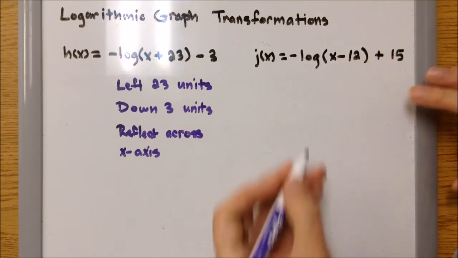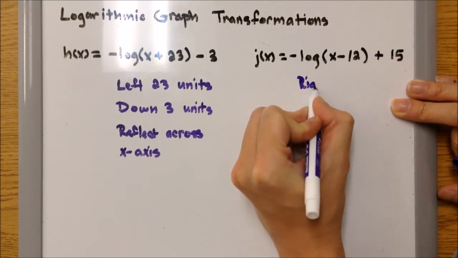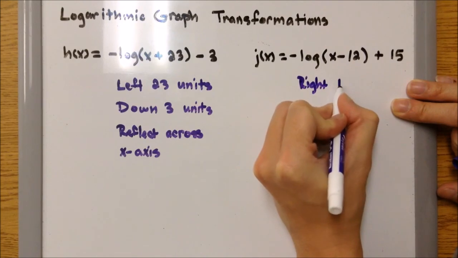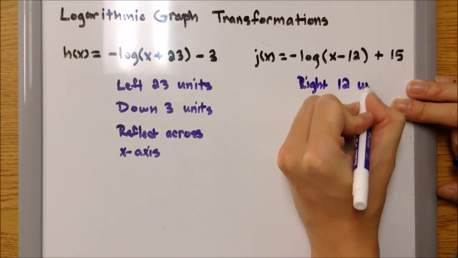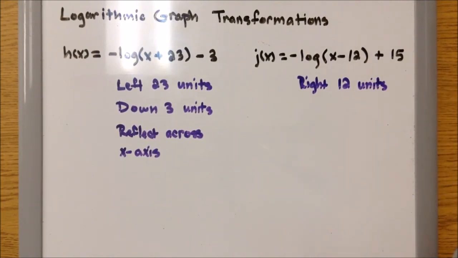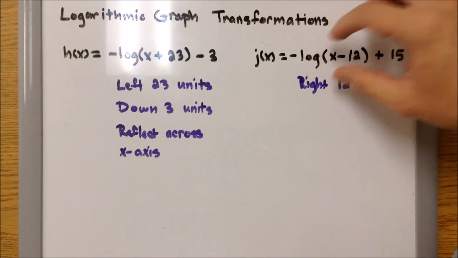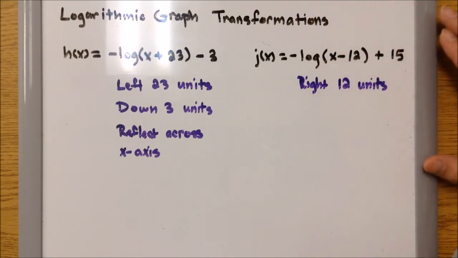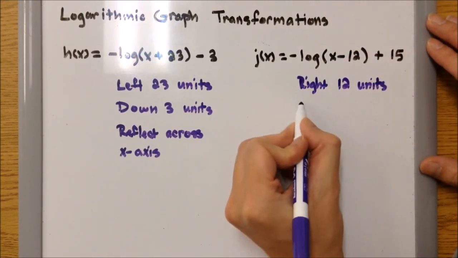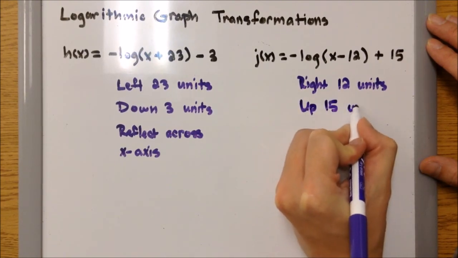Since it's minus 12, it's going to go right 12 units. And then we have the plus 15 that's outside the parenthesis after the x. Since it's plus 15, it's going to go up 15 units.